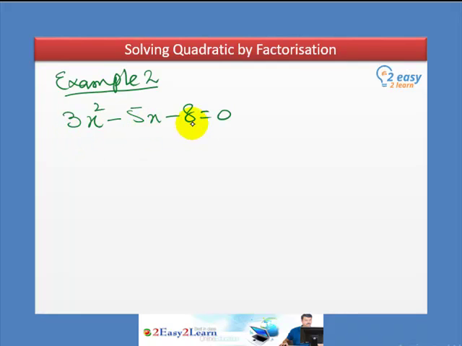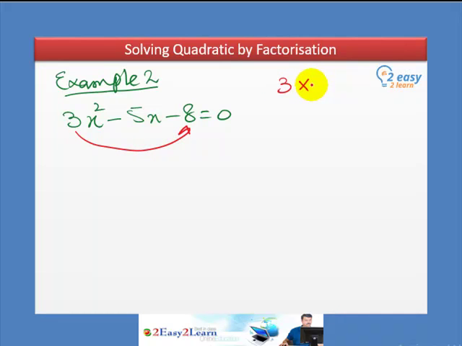3x square minus 5x minus 8 is equal to 0. This is a three term equation, and in the previous chapter we have discussed how to factorize three terms, and that method was midterm break or hit and trial method. And what was the method? If there is a coefficient greater than 1 with x square, we will multiply with the constant term.